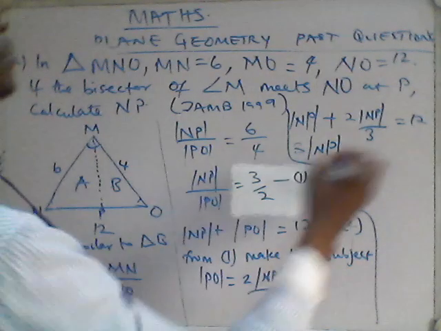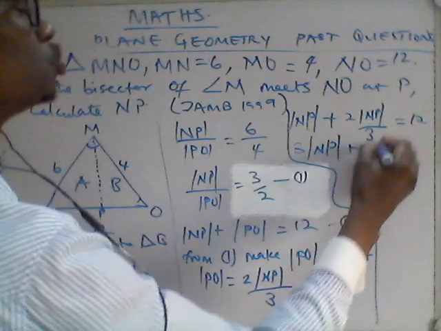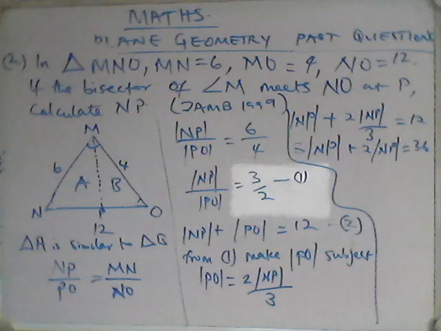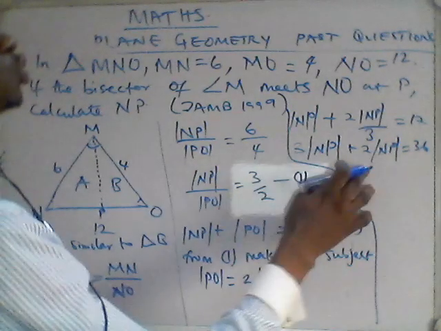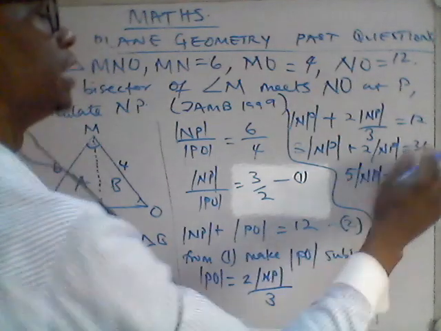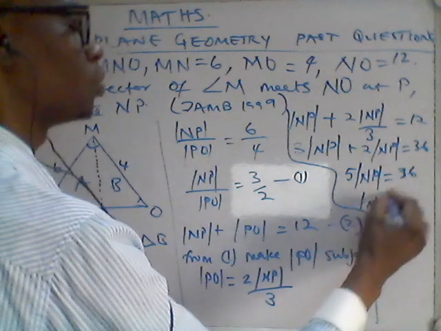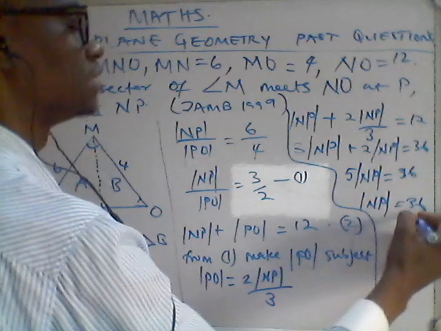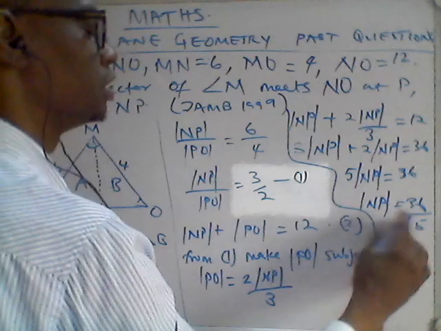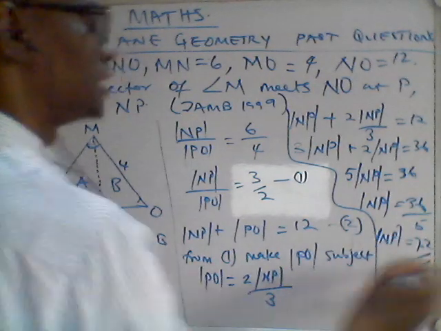So 3 line NP plus 2 line NP, since the 3 cancels the 3 under this term, is equal to 36. 3 NP plus 2 NP is 5 line NP, equal to 36. Divide both sides by 5. Line NP, which I'm looking for, is 36 over 5, which gives 7.2 units. That's the answer.